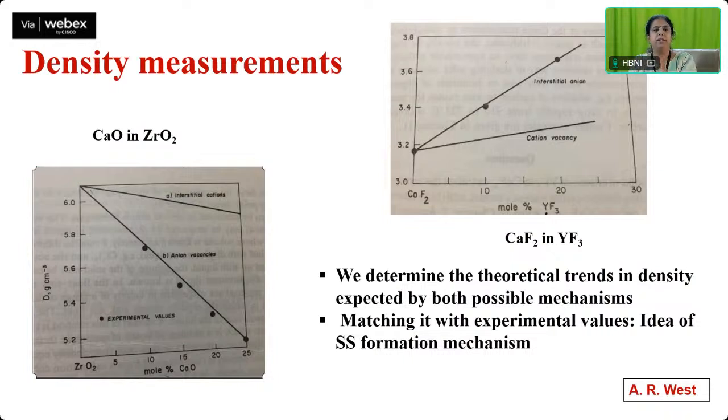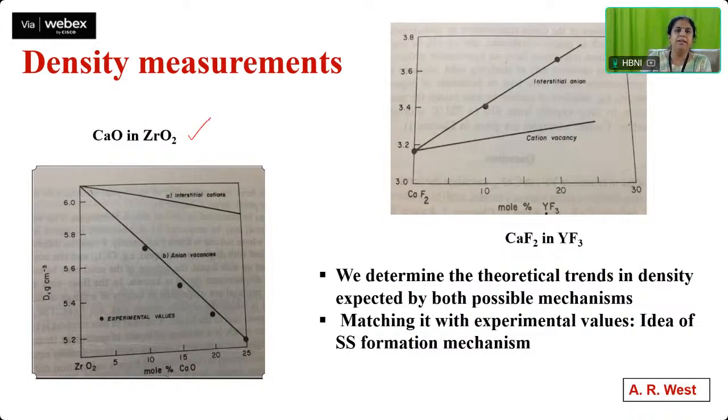And then you determine the experimental density and you see which line it closely matches, and that would give you the hint, or rather the confirmation, if you are able to get good values, of what solid solution mechanism is being followed in your system.